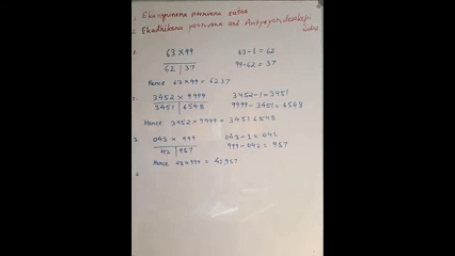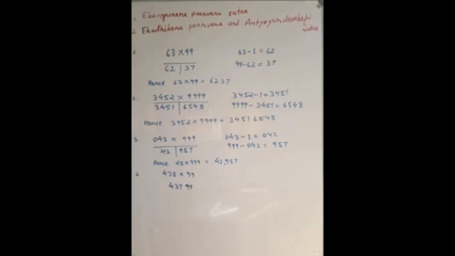Next, 438 multiplied by 99. Here the number of digits of the multiplier is less than the number of digits of the multiplicand. In this situation, we take 1 less than 438, that means 437, and keep 99.